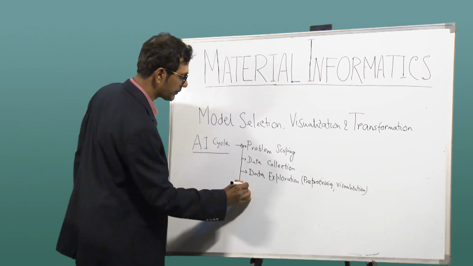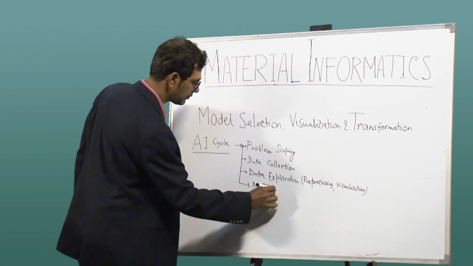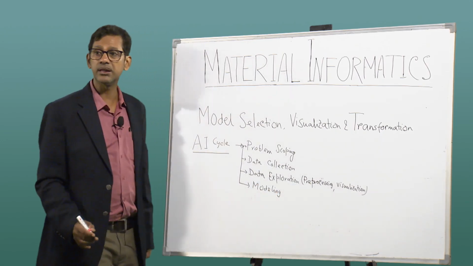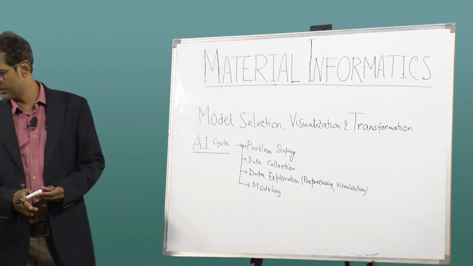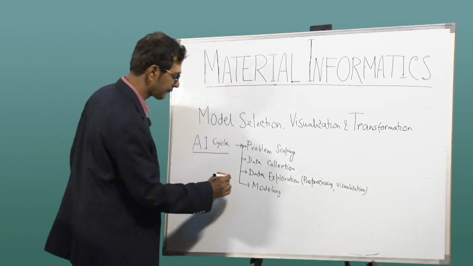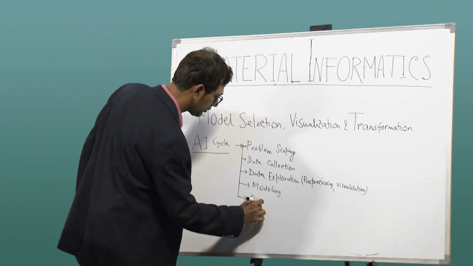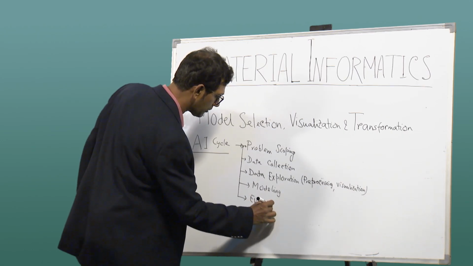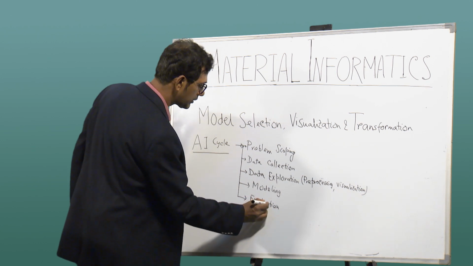And then what you do after that? You do modeling then. You have to use certain AI models to find out what the modeling is. And lastly, you do evaluation of the model. How good was the model or how bad was the model, that you decide.